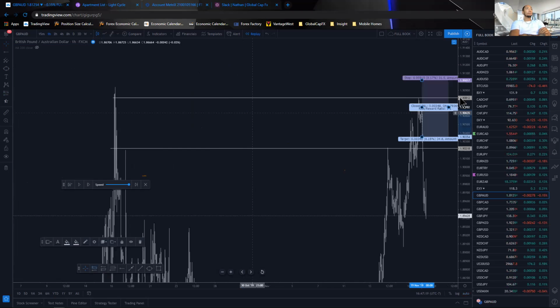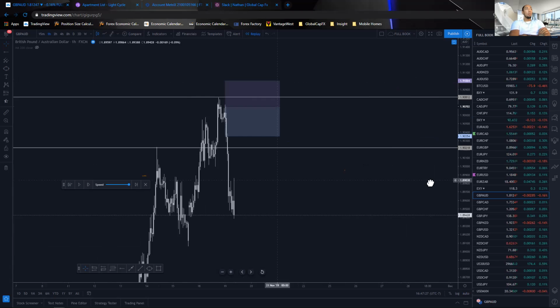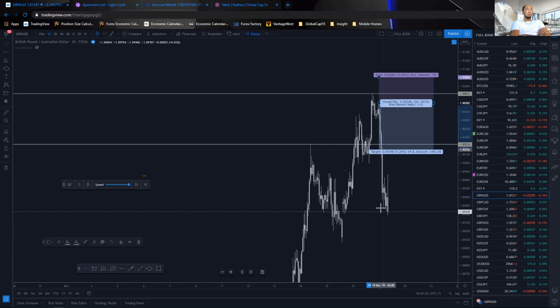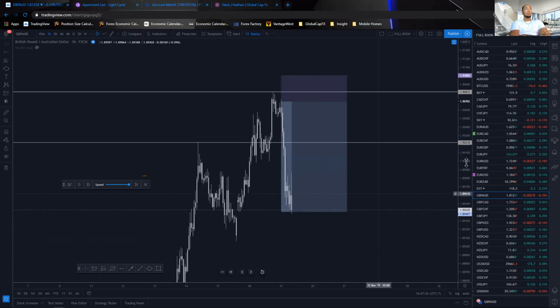Let's make sure that this is above our high, which it is, which is a 30 pip stop loss. And then you would have collected 130 pips so far. That's bank right there. That's your week.